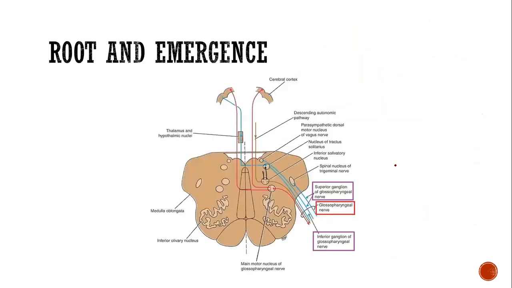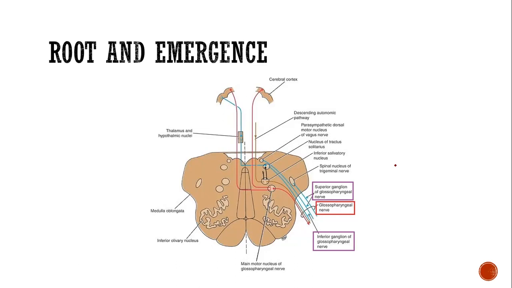Now, as far as the roots and the emergence are concerned, since it has three major nuclei, these roots are coming from these nuclei. So majorly, if you clearly see the glossopharyngeal nerve overall, it contains the fibers from the parasympathetic nucleus, that's the inferior salivatory nucleus.